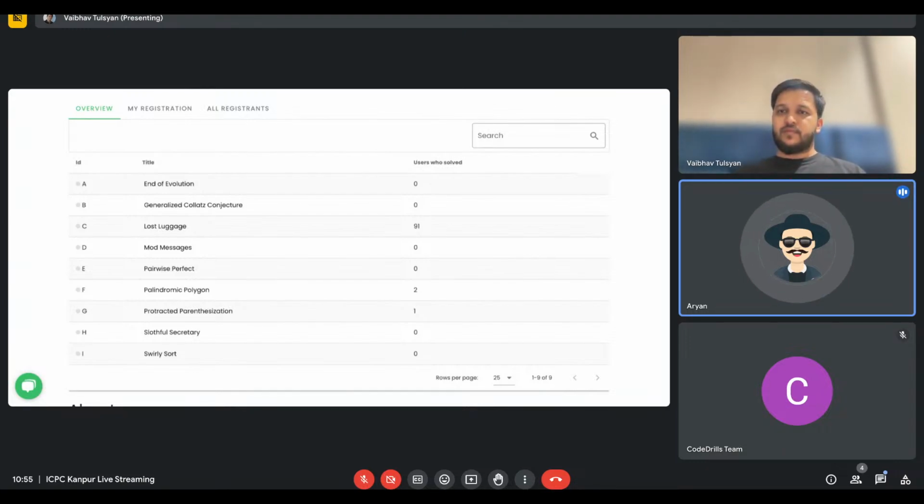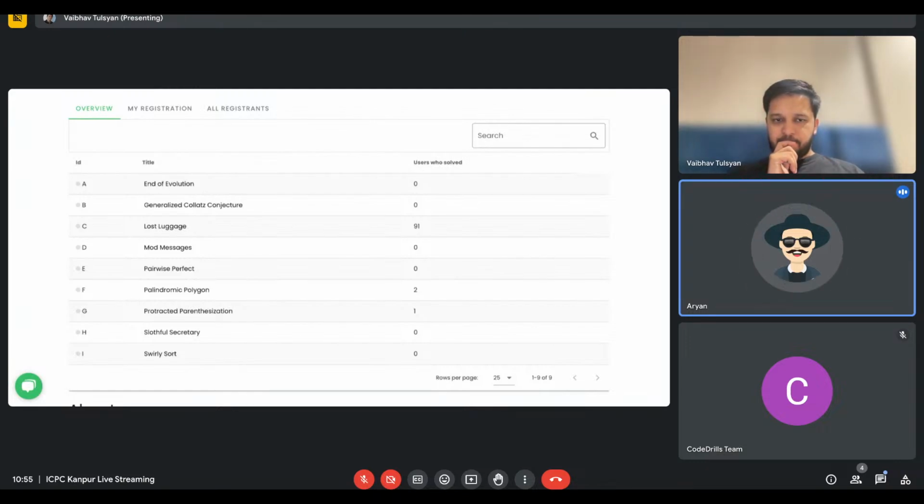Looking at the problem statement, a lot of teams are trying to get it, but only when I coded it did I realize it's not as simple or greedy as it looks. But probably Protected Parenthesis and Palindromic Polygon would be the next two easier problems.